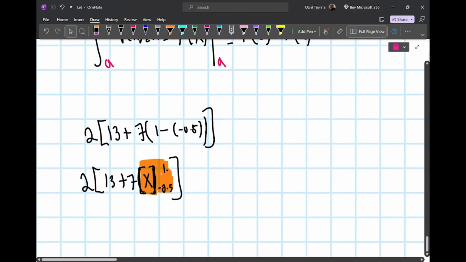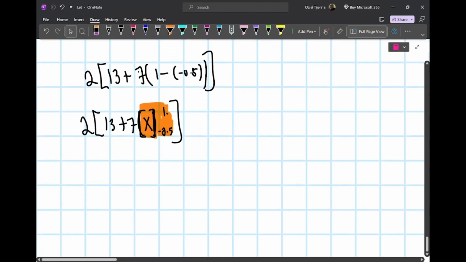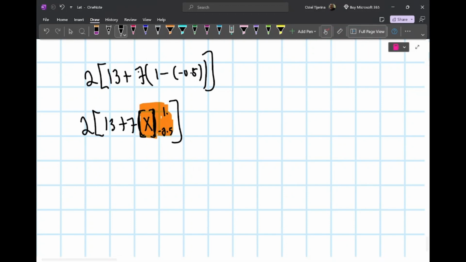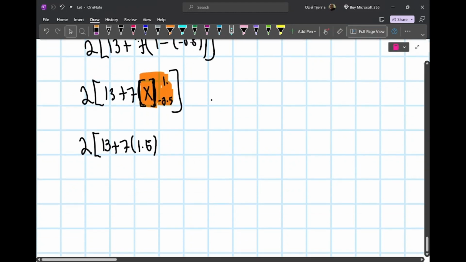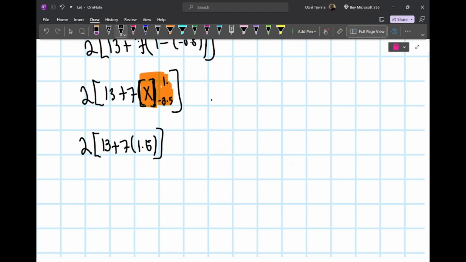That's why I'm doing that 1 minus negative 0.5, because that really was the antiderivative and we're just doing the difference. So then we have 2 times the following, 13 plus 7 times the quantity 1.5.